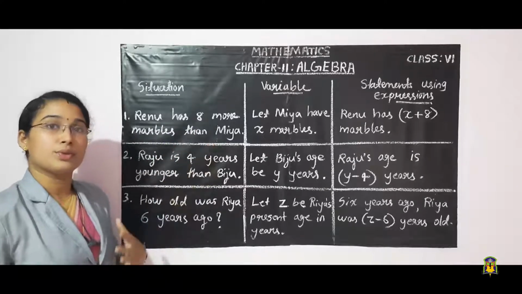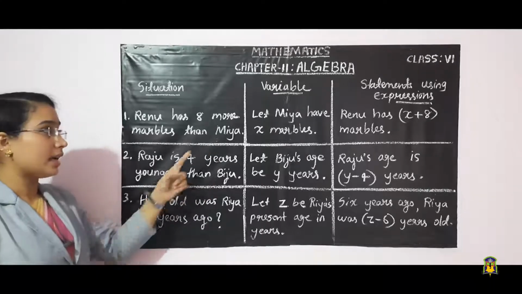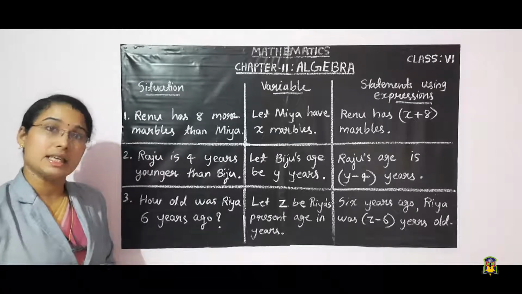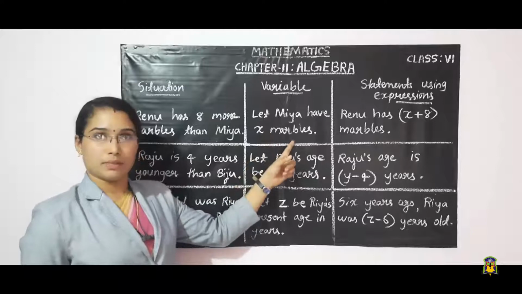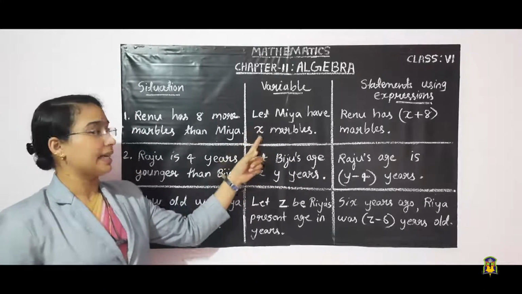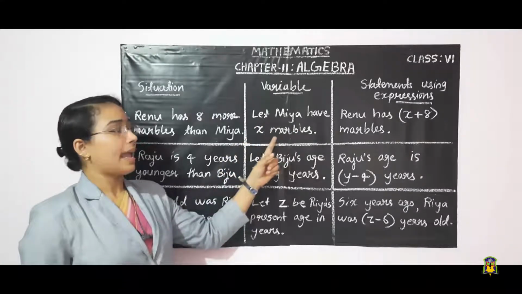So first we want to know how many marbles are in Mia's hand. That number of marbles we will take as the variable. Let Mia have x marbles.